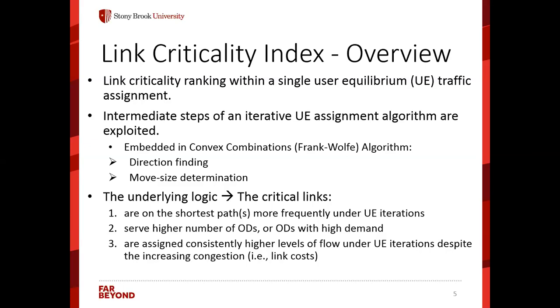Although the flow keeps increasing on the link, it's still critical because the alternatives are not that viable. So we also incorporate this: if a link is assigned consistently higher flow within iterations, despite the increasing congestion, it's already congested, but the flow is still assigned iteration to iteration to these links, then we assume that it's more likely to be a critical link.